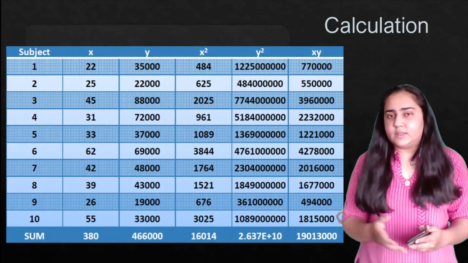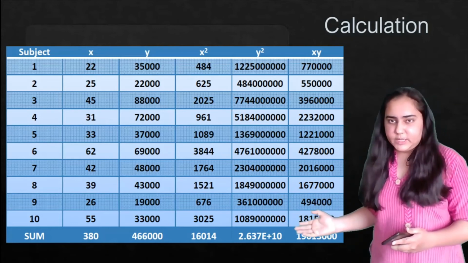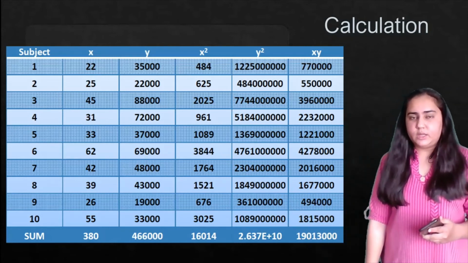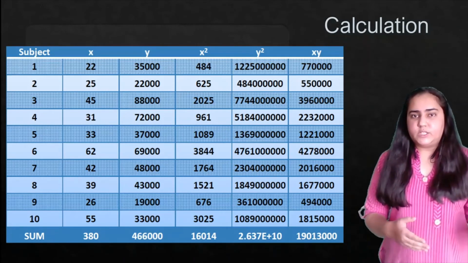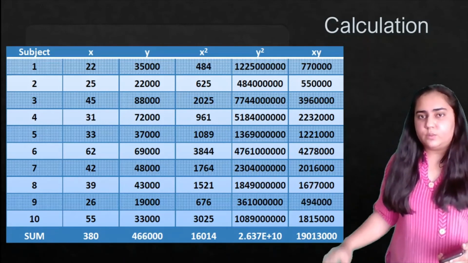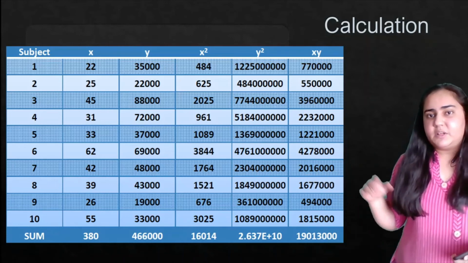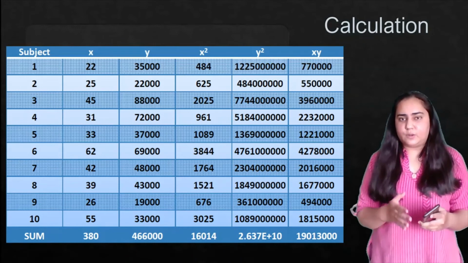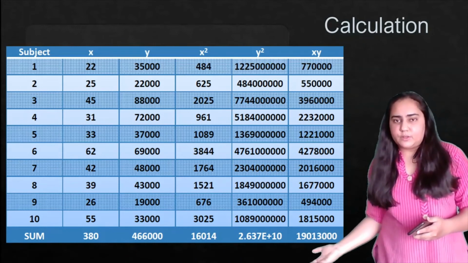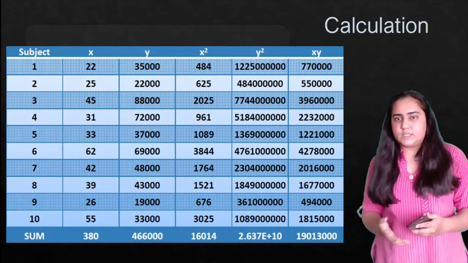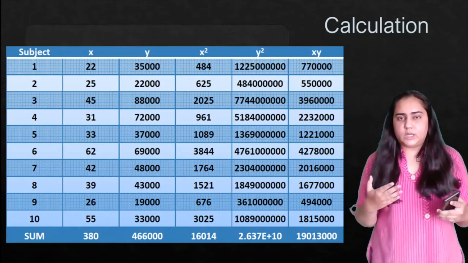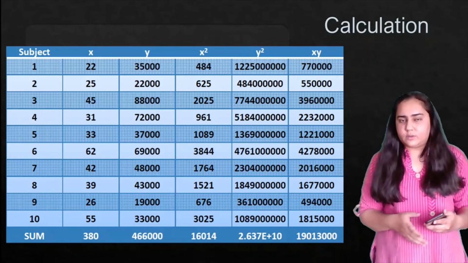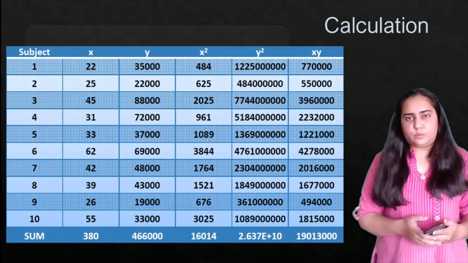Then we have taken a multiplication between X and Y. So we're just multiplying 22 with 35,000 and we are getting here 7,70,000 as the first value. That is how it is calculated. We have all these columns. At the bottom, you can see everything is summed up. I have applied a summation, a sigma function, on all the columns, so even those values are available.